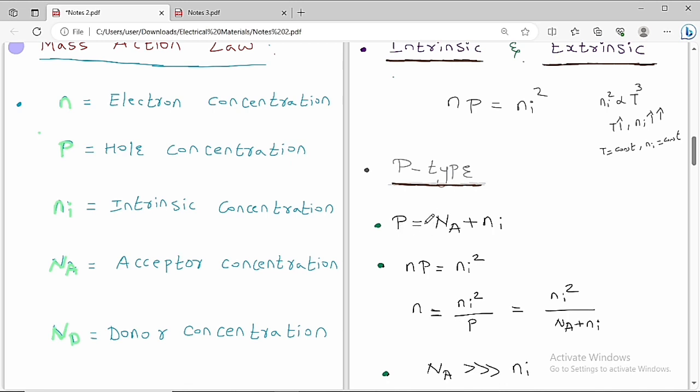Basically, in the P-type, we are adding group 3 elements, which are nothing but acceptor atoms. Whenever you add one acceptor atom, by default there is one hole in the valence band. So if we add any number of acceptor atoms, we will have that many holes in the valence band. And an extra contribution is also present because of the natural semiconductor.